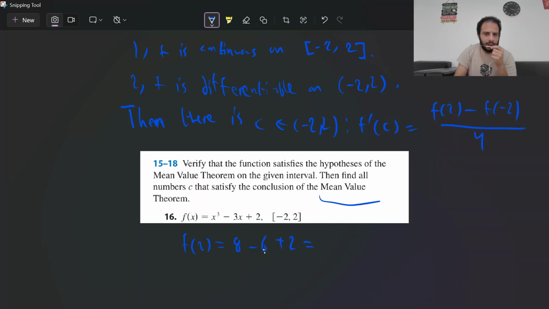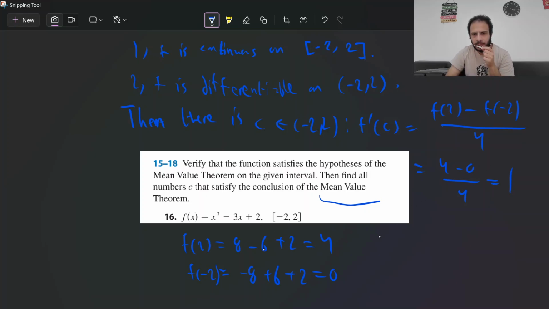So it will be 4. Now f of minus 2 is minus 8 plus 6 plus 2, so equals 0. So here you have f of 2 is 4 minus f of minus 2 is 0, 4 minus 0 over 4, which is 4 over 4, is 1. So the derivative equals 1.